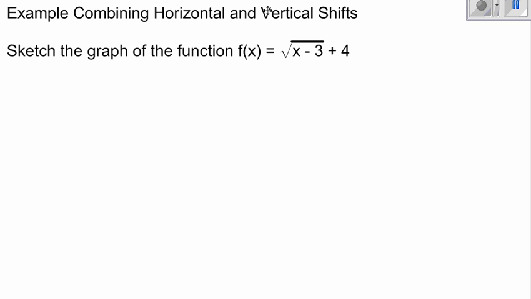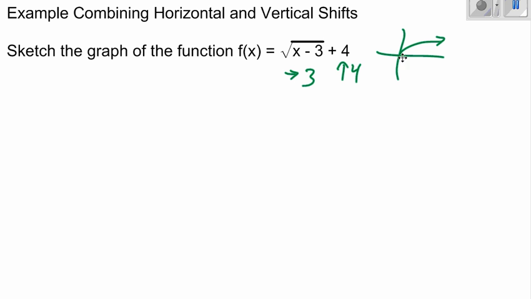Here's an example where we combine horizontal and vertical shifts at the same time. The basic function here is square root, which looks like that graph. But we have x minus 3 inside and then plus 4. So this plus 4 is going to shift up 4 units. And this minus 3 in the square root is going to shift to the right 3.